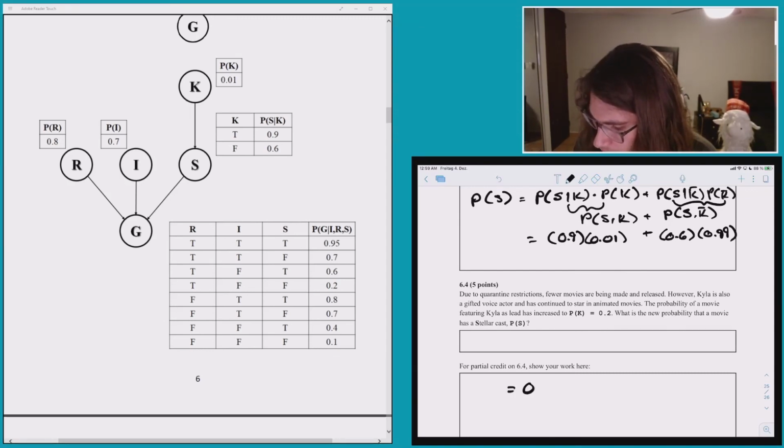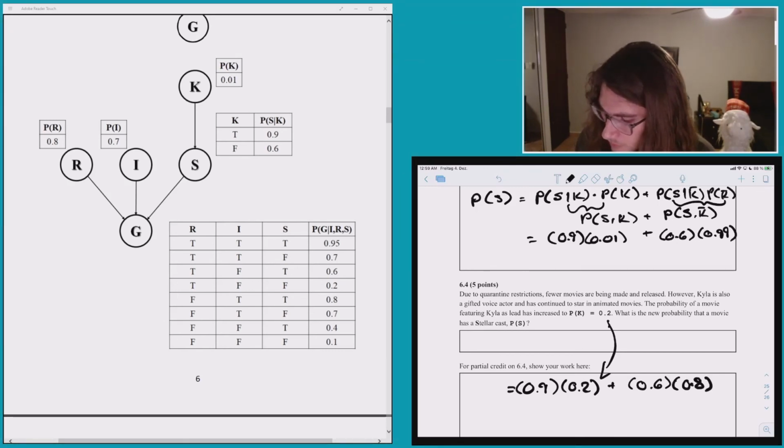So this is equal to 0.9, because the other probability table hasn't changed, but this time it's 0.2 plus 0.6, and it was 1 minus 0.01, now it's 1 minus 0.2, and that should be 0.8. And that is equal to 0.66.